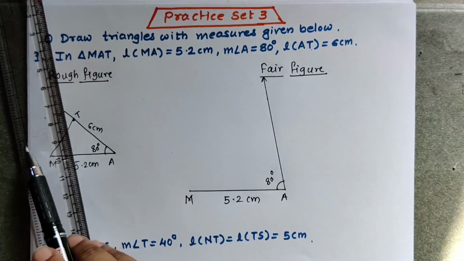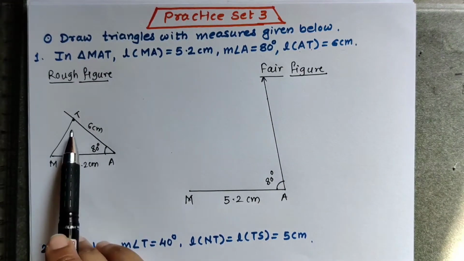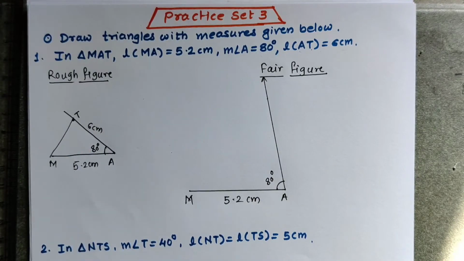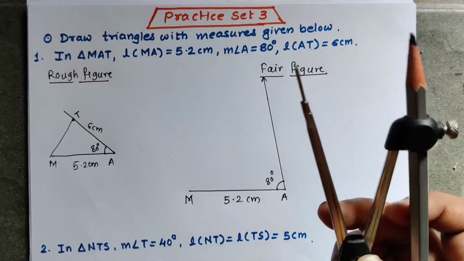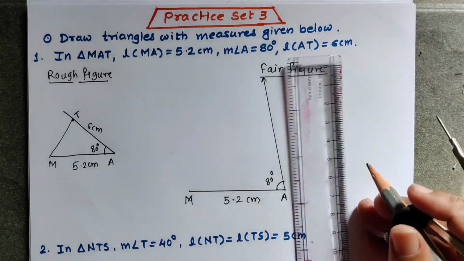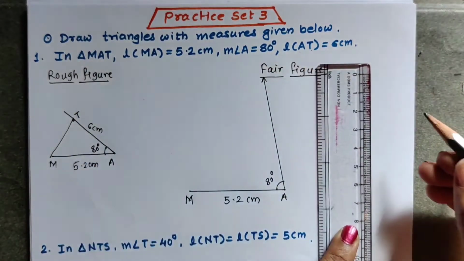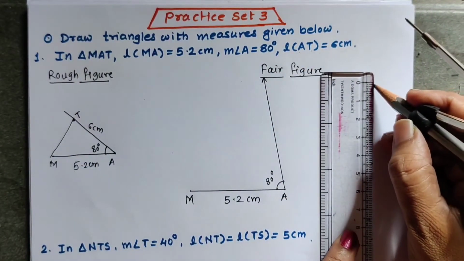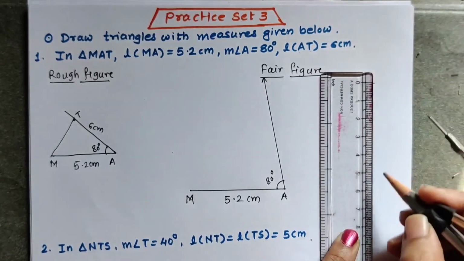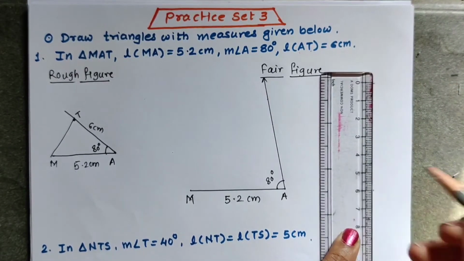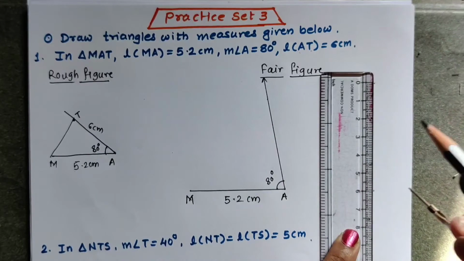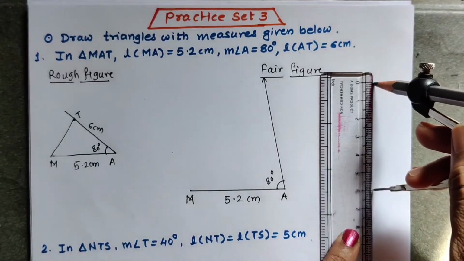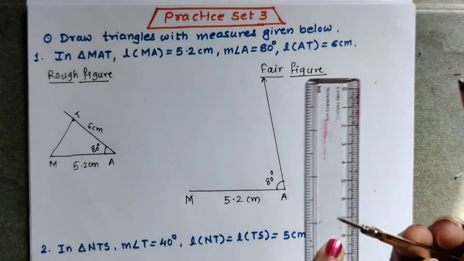Now we have to fix the position of point T, which is at 6 cm from A. So I am going to use my compass to fix the position of point T at 6 cm. So I will be marking the point at 0 and at 6 to take the 6 cm radius in my compass.